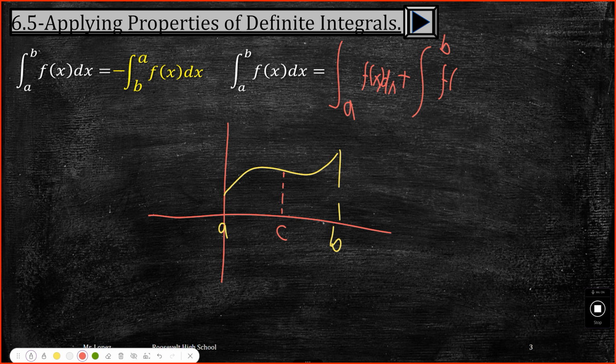Now I'm going under this f of x curve from a to c, this area from a to c added to c to b. Makes sense? I can just keep breaking it out if I wanted to.